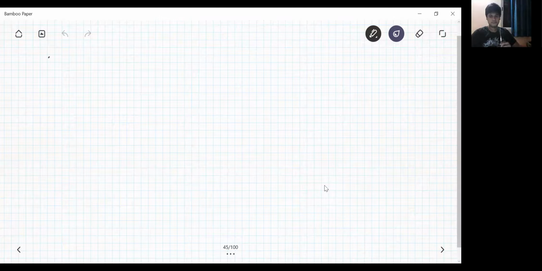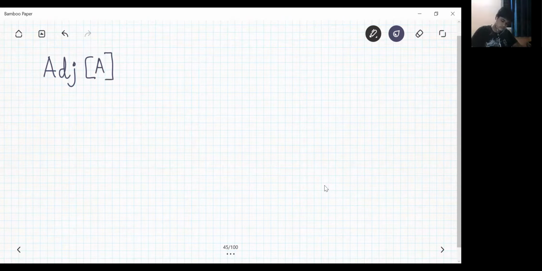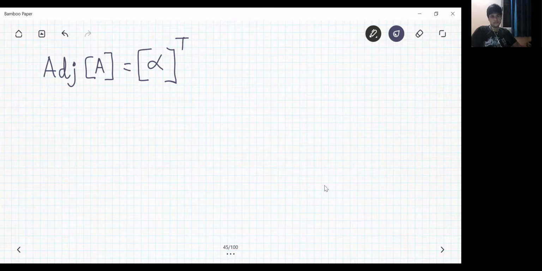Then we write what is called the adjoint of matrix A. We write ADJ of matrix A. This is written like alpha with a T on top, which looks like a power, but it is read as the transpose of matrix alpha.